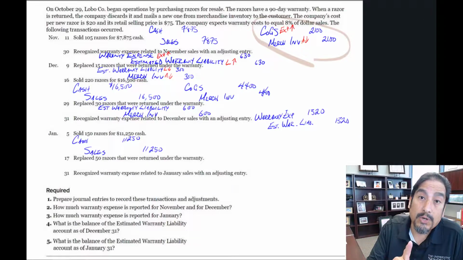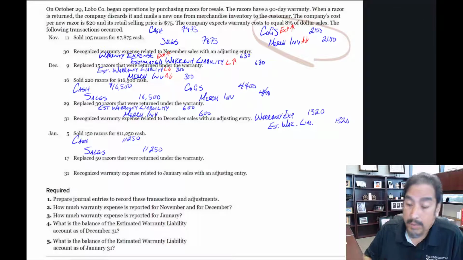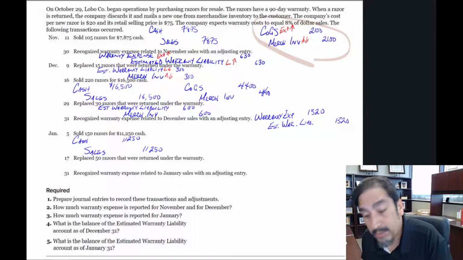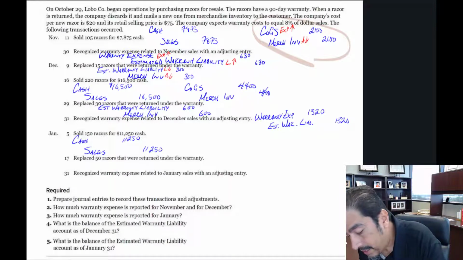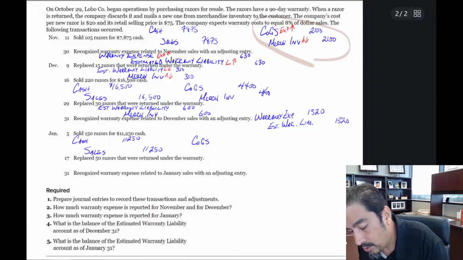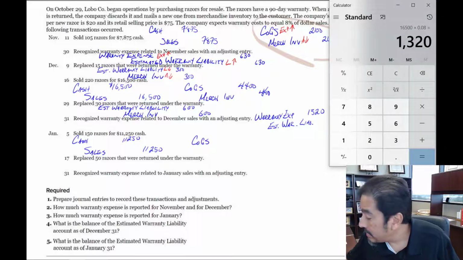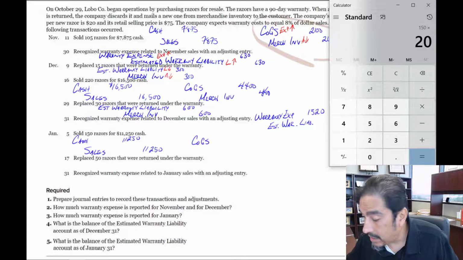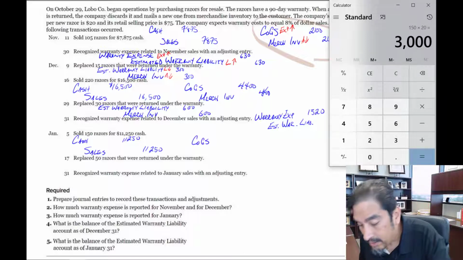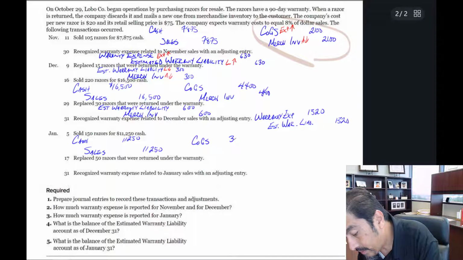That's just the first journal entry. Whenever we make a sale, we've got to record 2 of them. That's the revenue piece. We need to record the cost piece. That's a debit to cost of goods sold for the cost of these things, 150 times $20 each, $3,000. And we're going to reduce merchandise inventory for the same $3,000.